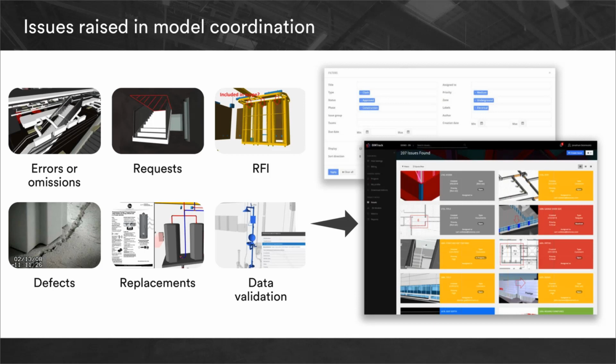I'll point out that BIM Track is a cloud-based solution, so there's no installation that you need to do other than the plugins, which work in context within the authoring environment, such as Revit, or if you're a VDC coordinator, inside of Navisworks. So it's a cloud-based solution except for those plugins.